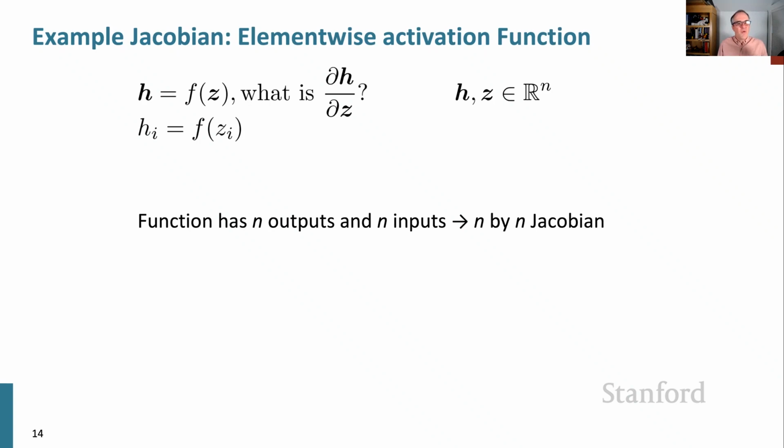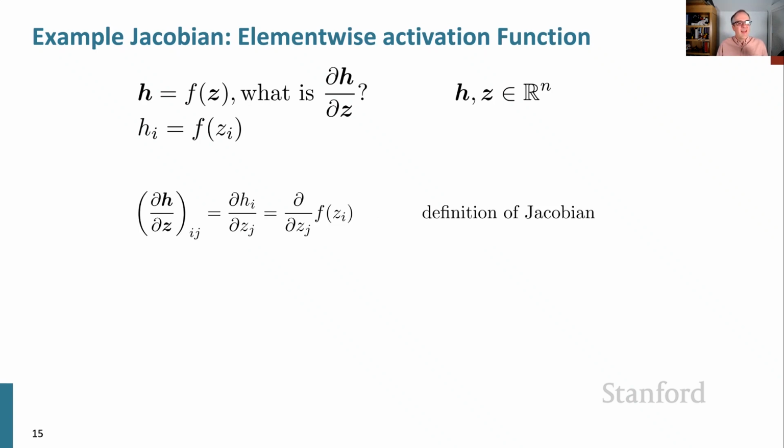And so what that means is the elements of this n by n Jacobian are going to take the partial derivative of each output with respect to each input. And well, what is that going to be in this case?